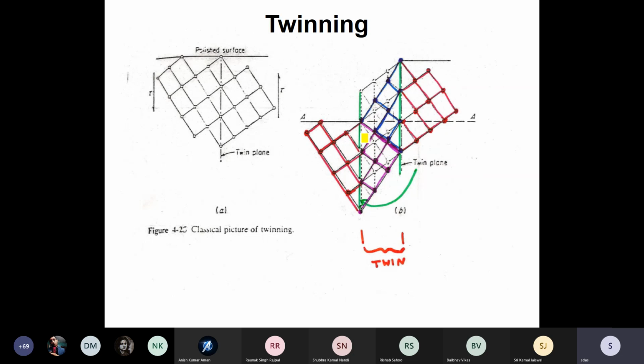During the movement of dislocations, the dislocation moved by a distance of one atom spacing in the slip direction. But in the twin, this atom moved by a fraction of an atomic distance, from here to here, and so on.